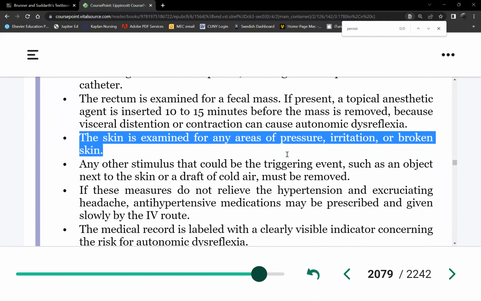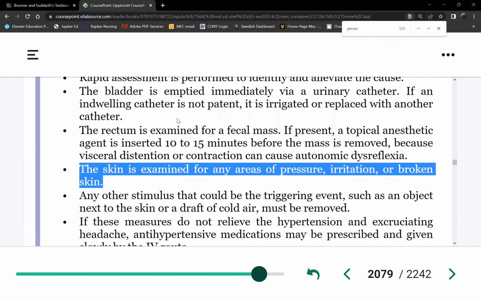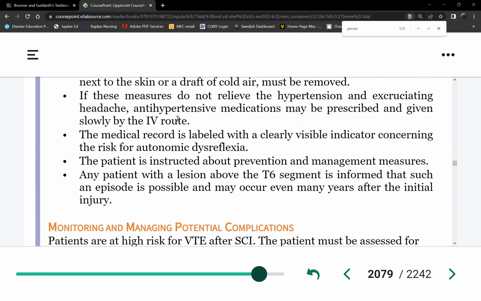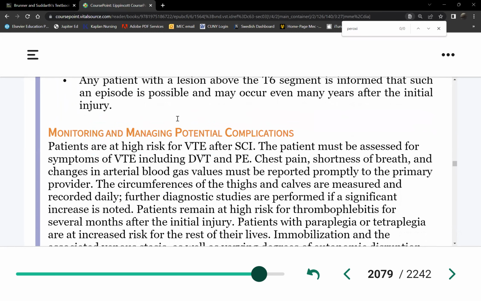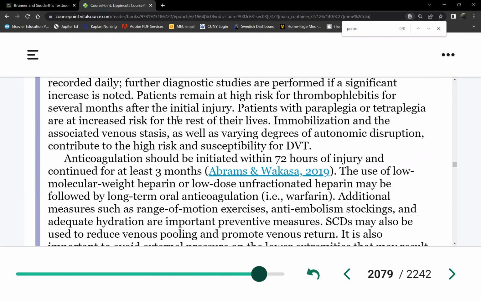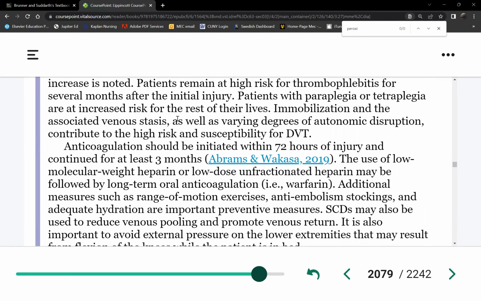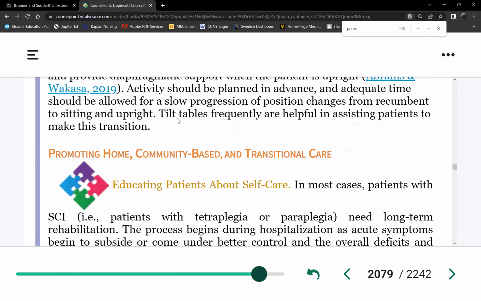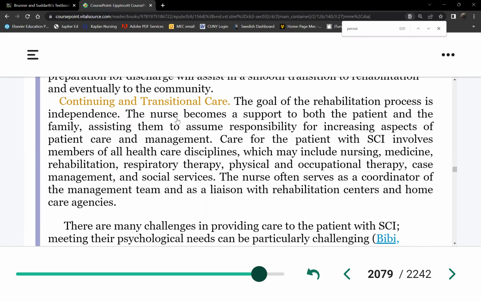The blood pressure is over 200. So perform a neurologic assessment as well. That's about it. Any question on autonomic dysreflexia? That's it for spinal cord injury.